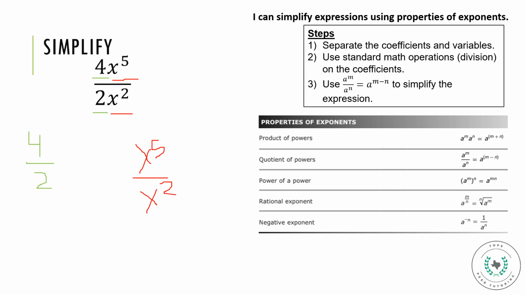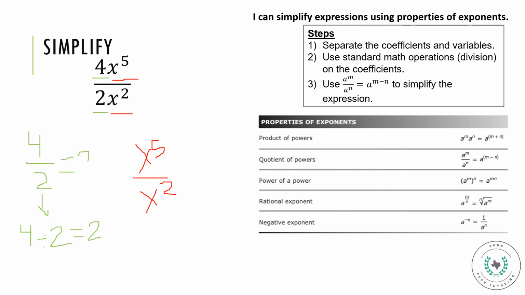So, once again, what we're doing with the coefficients is just what you normally do when you divide. So here, this becomes 4 divided by 2. Technically, you don't have to write this out because these are the exact same thing, but I just wanted to show that this fraction still just stays as normal division. So in this case, it's just 2.